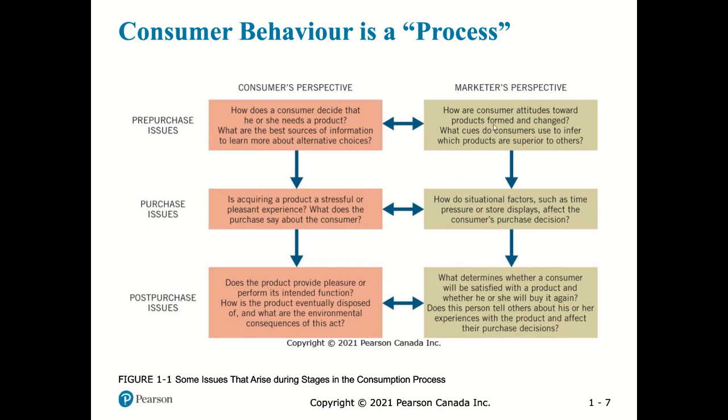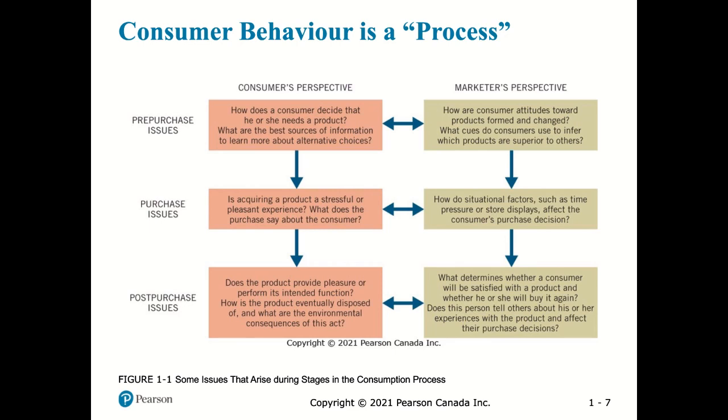How is the consumer attitude towards the product formed and changed? Now, the marketer wants to know the consumer attitude change, their behavior and pattern change, and why and how it's going to change. The marketer wants to know this information from the consumer and from their behavior. What cues do consumers use to infer which products are superior to others?